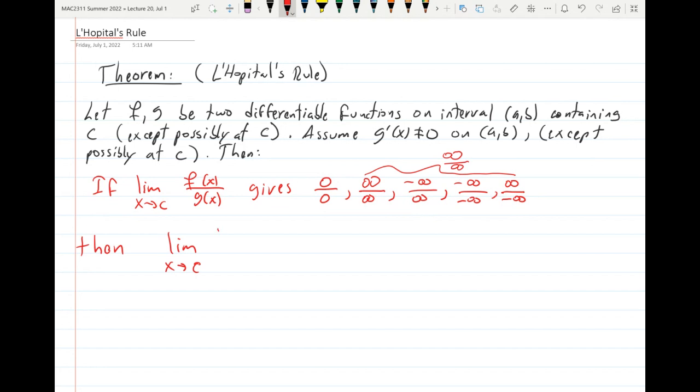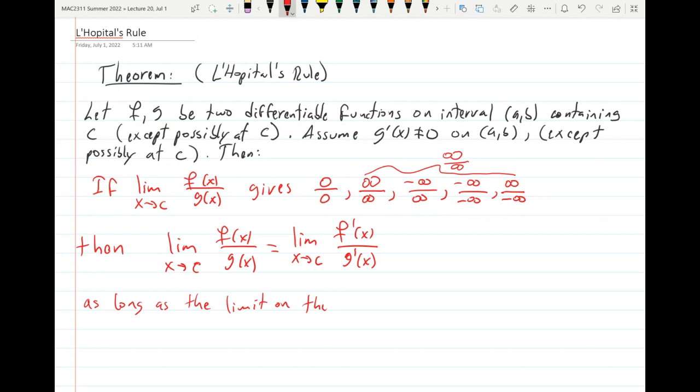So the limit as x approaches c of f over g equals the limit as x approaches c of f prime over g prime. Of course, provided that the limit on the right hand side exists.